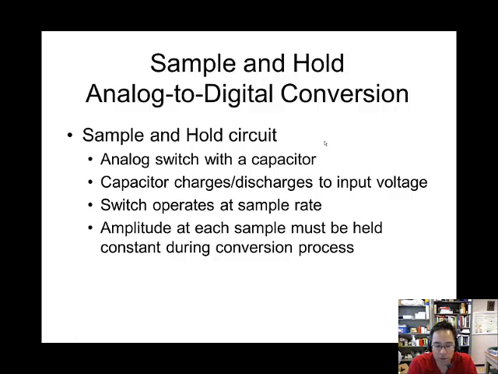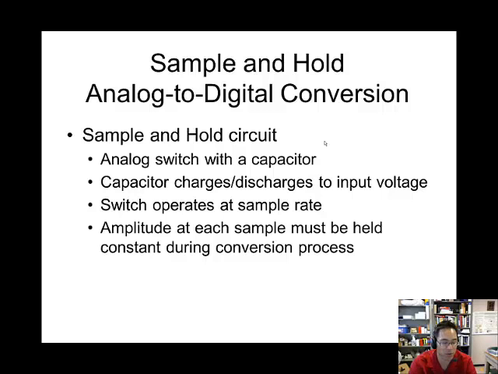So for analog to digital converters, at the simplest, we're going to need a circuit called a sample and hold. The sample and hold circuit is really just an analog switch with a capacitor, and the capacitor charges and discharges to the input voltage. We need to make sure that the analog switch operates at the sample rate.